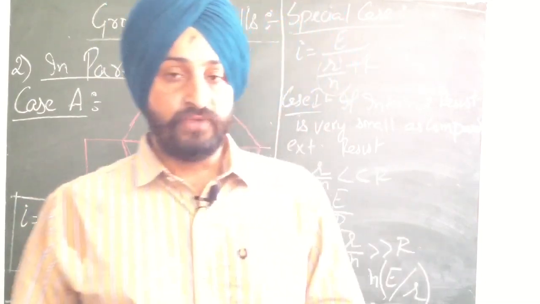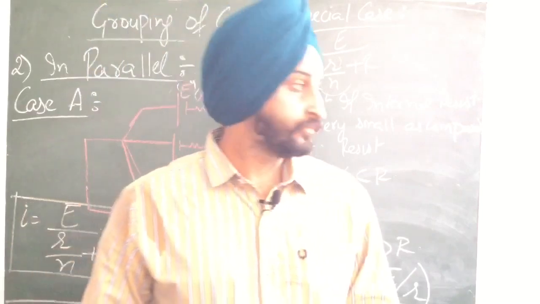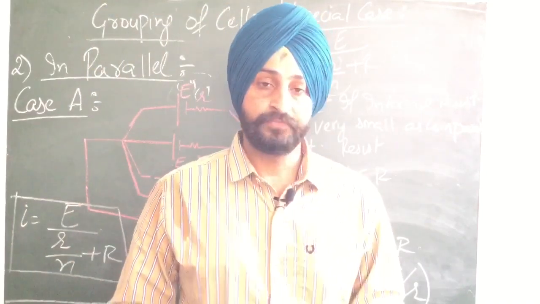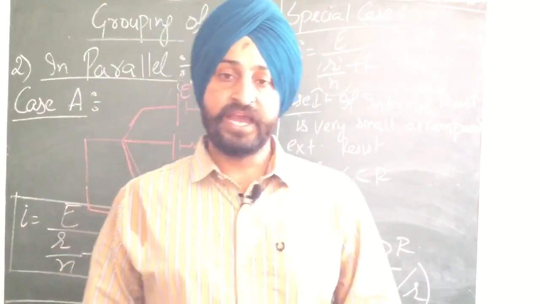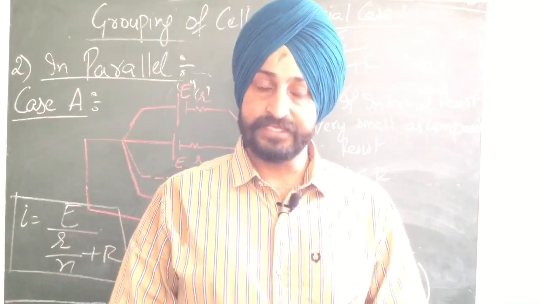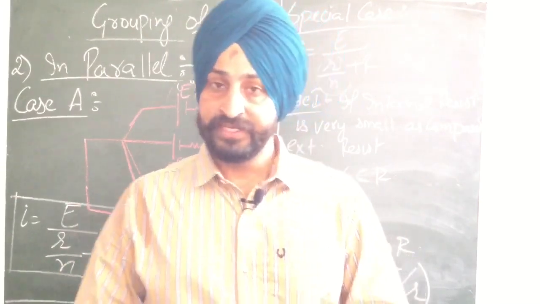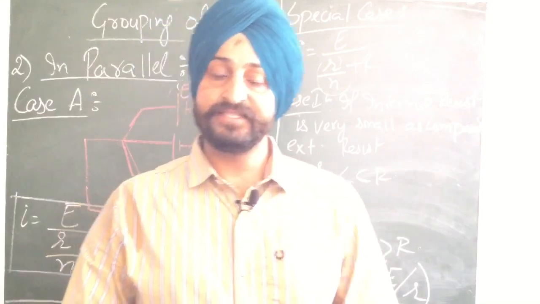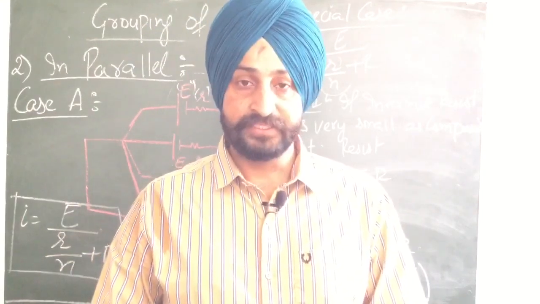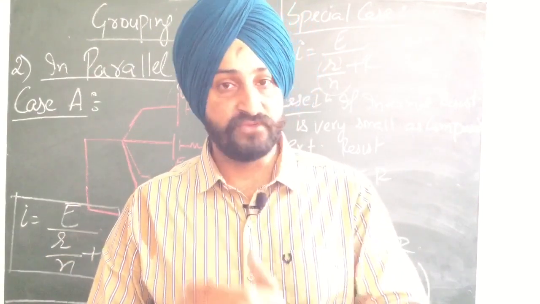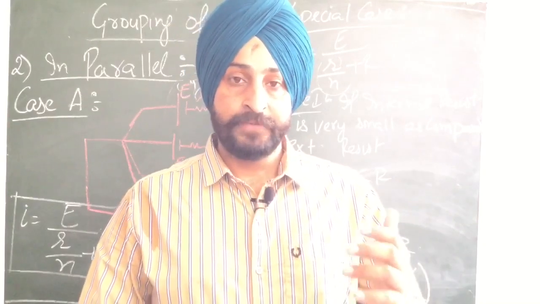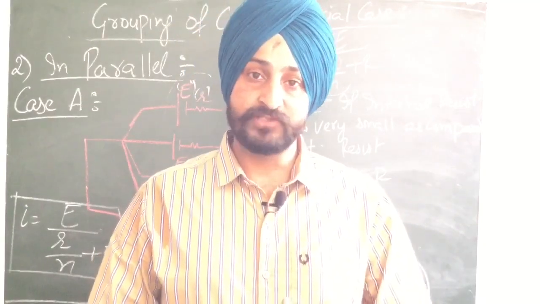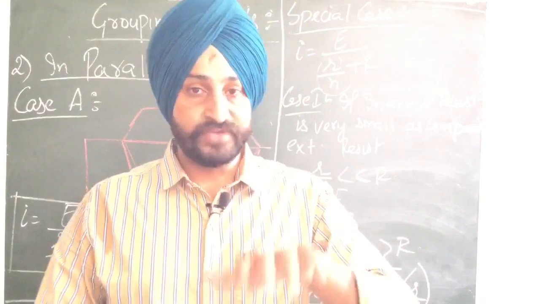So till now what we have studied is that when we have resistors connected in series, if internal resistance was very small, the current flowing through the circuit was very large. Fine. And if internal resistance was large, the current flowing was very small.